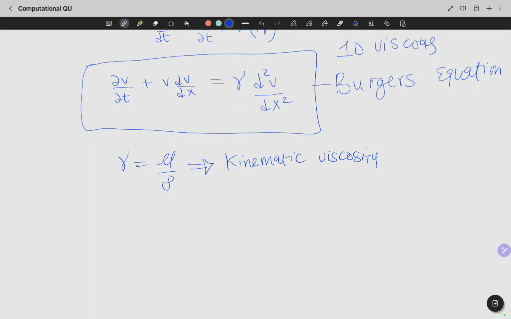This is a prototype nonlinear advection diffusion equation, because this term here, v dv by dx, is advection, and gamma d squared v by dx squared is diffusion.